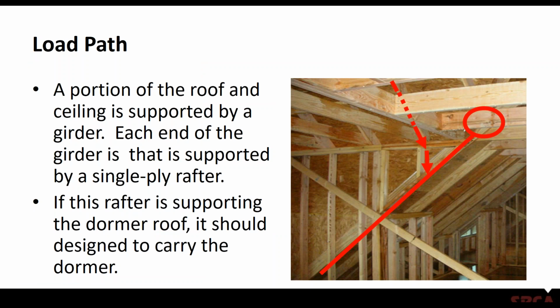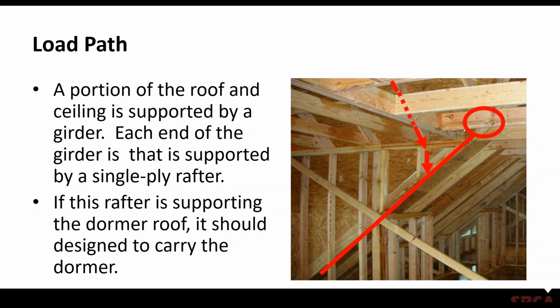And you can have the same problems, obviously, with trusses if loads are missed or the flow of loads is missed. This particular photo shows a dormer framing where the dormer roof is being supported by a dormer wall, which once you get past that little cripple wall is basically the header that's coming across supporting the upper roof that ties in to the dormer.